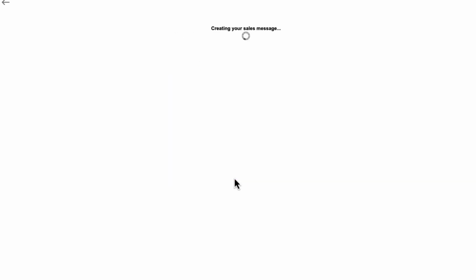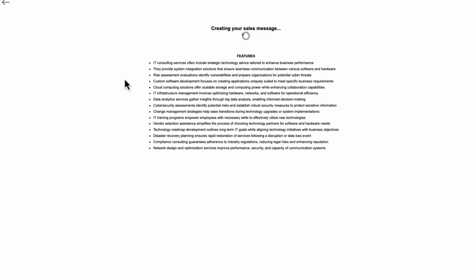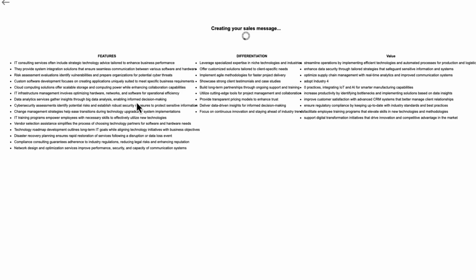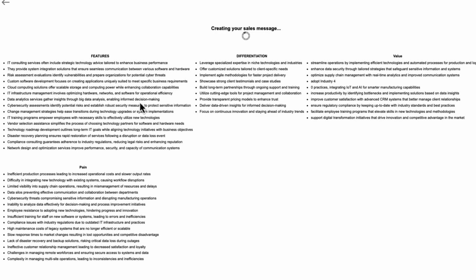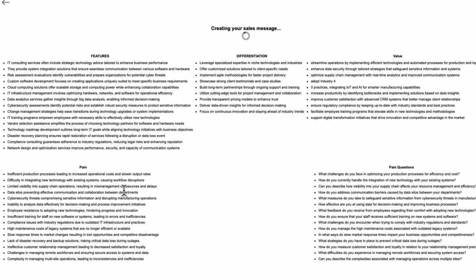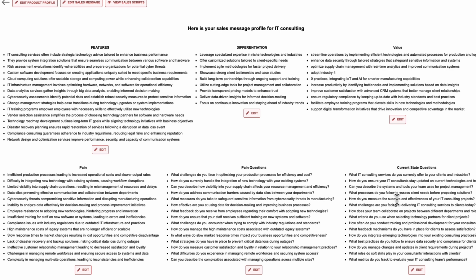And if I click start, what's going to happen is our software is going to communicate with ChatGPT, and it's going to go through each step of our sales message brainstorming process, and ChatGPT is going to create all of the talking points and questions for the product and service that we put in, targeting that particular audience to create features, differentiation, benefits, pain points, pain questions, and current state questions.